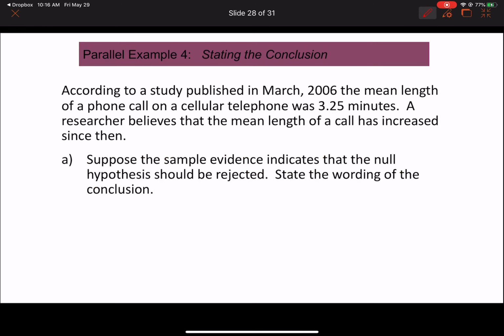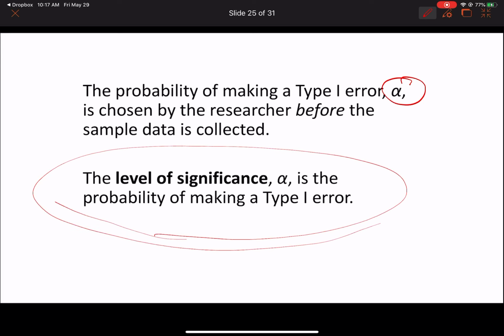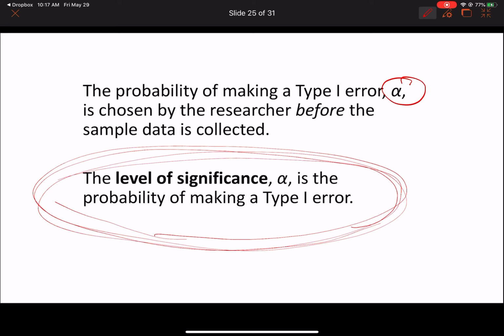As we said right back here, the level of significance alpha is the probability of making a type 1 error. This is important. That right there, the level of significance. You're going to see that when we're doing the math pretty soon. So that right there is gold.